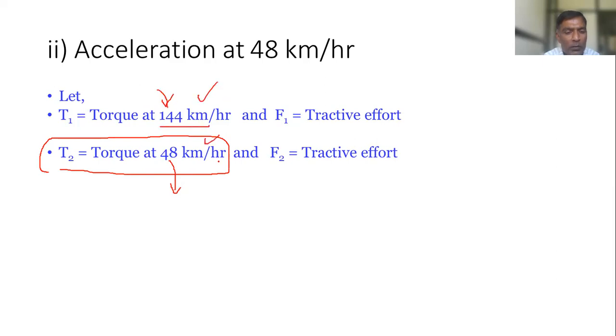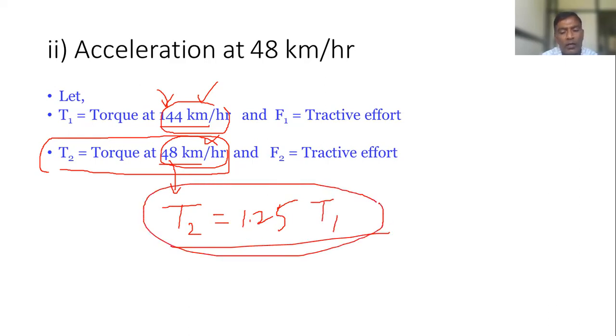What you are going to understand from this? With this speed and with this speed, you know that relation. So with an increase in the speed, torque will be less. Whenever speed is less, torque will be more. So accordingly, as per the condition given, T2 is equal to 1.25 T1.